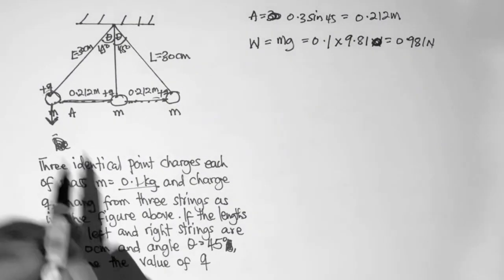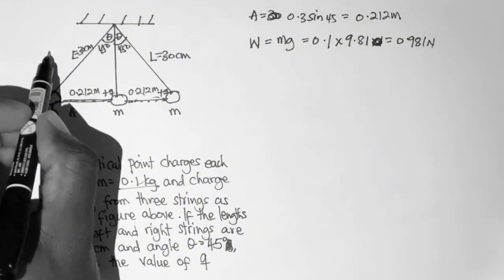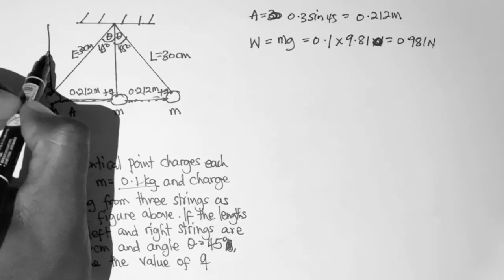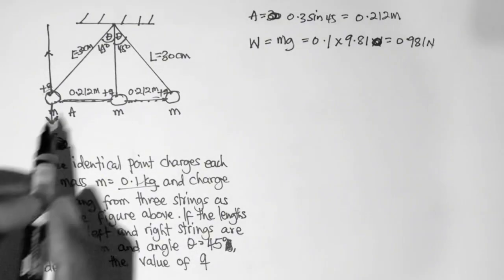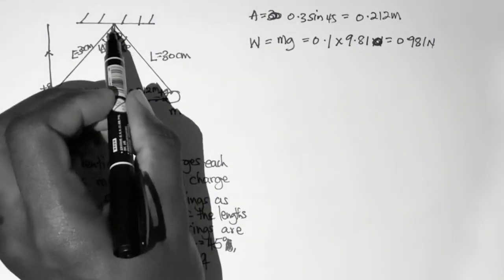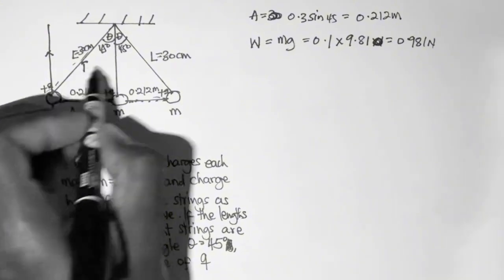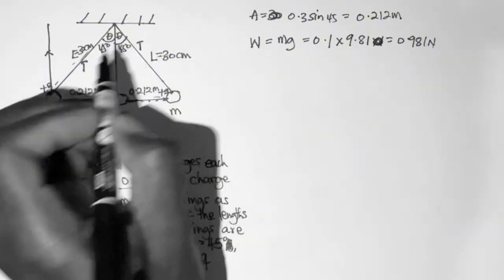So we have this mass here, and this force is acting downwards at 0.981 newtons. But remember that from Newton's third law, there is also a reaction force here which is acting upwards, and it is equal and opposite to this force. However, because this is a string, we need to remember that there is a tension in the string.